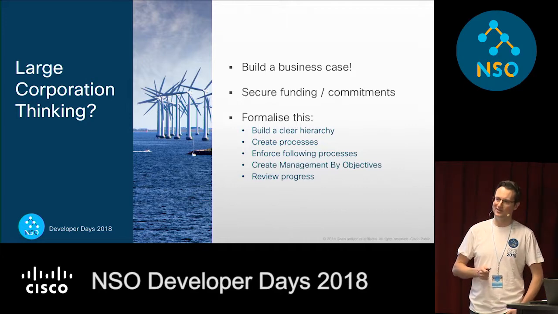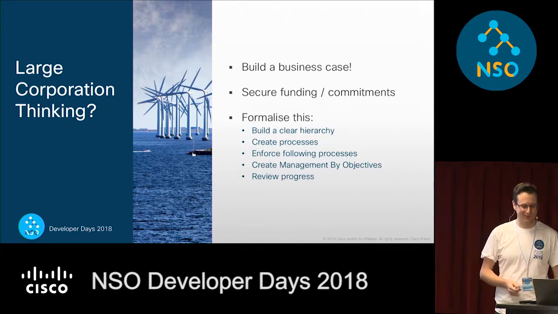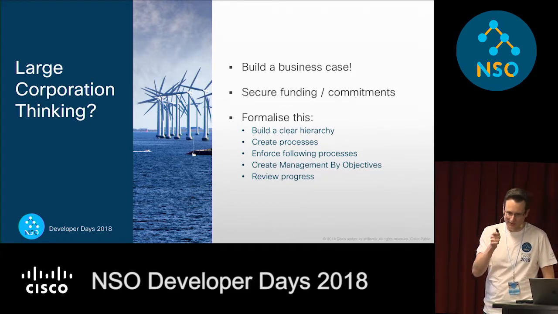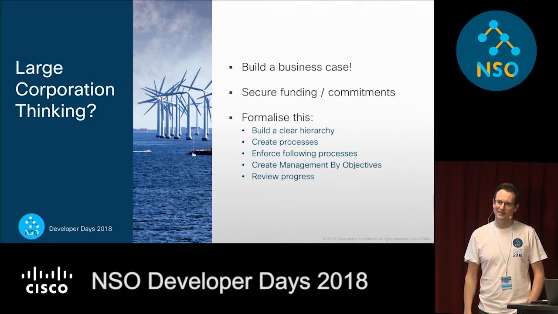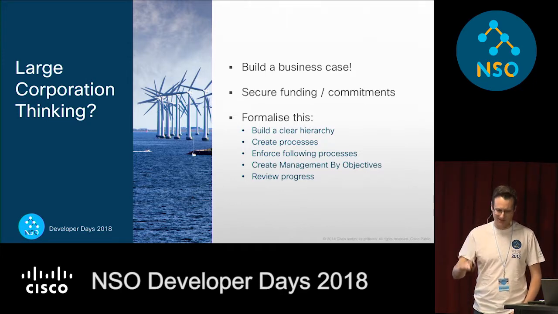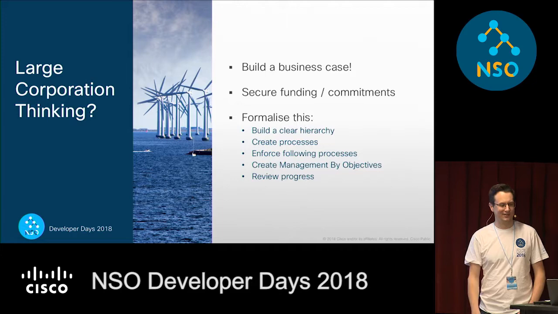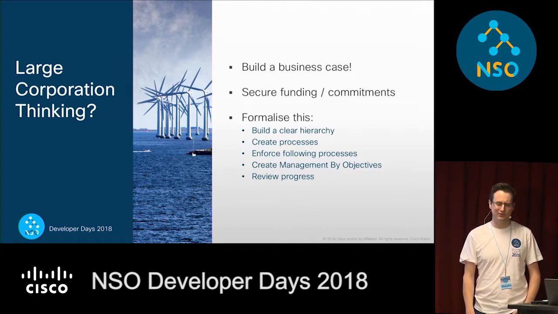You're a very important person now. We'd create those processes, we'd enforce them. People would start having KPIs in their development plan. You must make this happen by this date, and we'll review your progress.